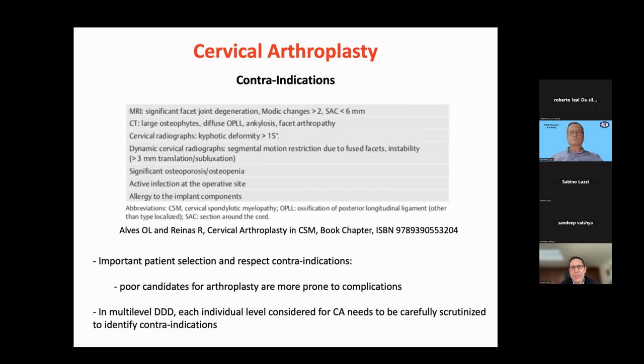In all other situations, I will always try to do a cervical arthroplasty when I have cervical disc disease. It's important to do patient selection and respect contraindications. As in every surgery, poor candidates for arthroplasty are more prone to complications. This is especially true in multi-level disc disease. You have to consider each individual level and scrutinize all the levels for the identification of these contraindications.